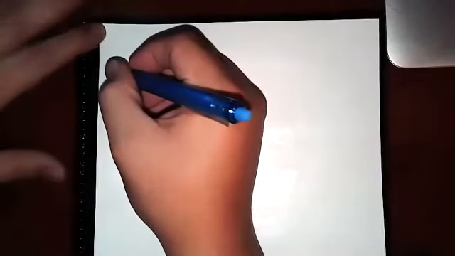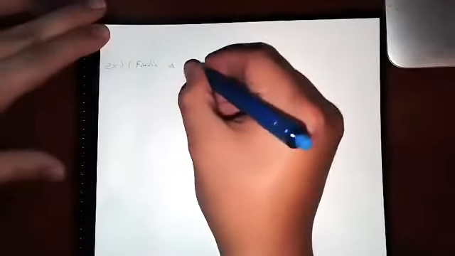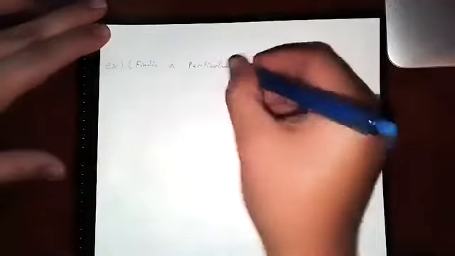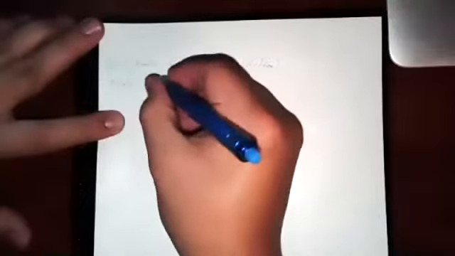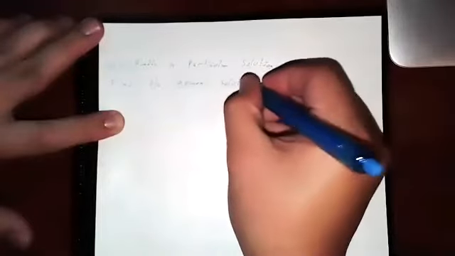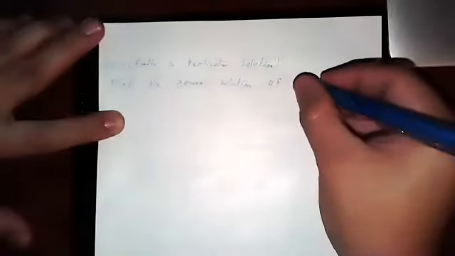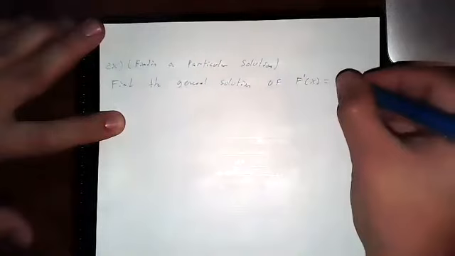Do one last example, and then we'll take a break because that's a lot of stuff. Okay, so this is called finding a particular solution. The question is basically find the general solution of f prime of x equal to e to the x.